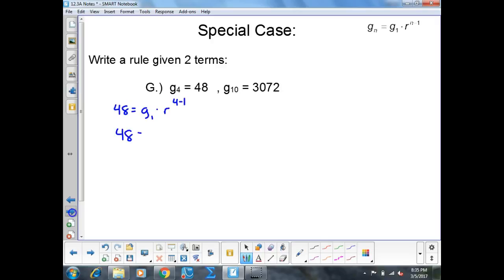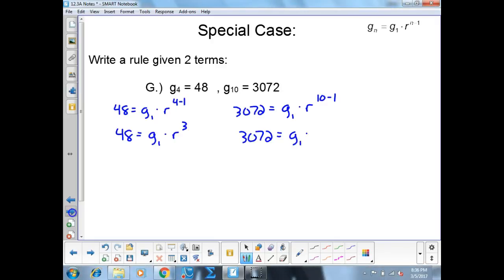So 48 equals my first term times r cubed. 3072 equals my first term times r to the 10 minus 1 power. So 3072 equals my first term times r to the 9th power.